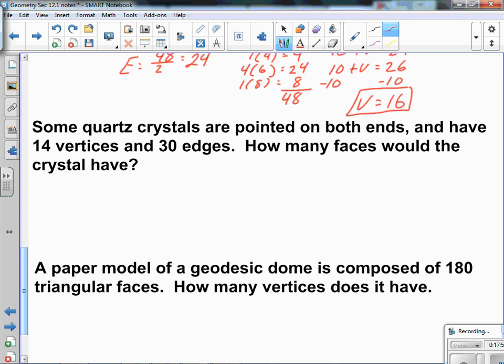All right, so the next one says some quartz crystals are pointed on both ends and have 14 vertices and 30 edges. How many faces would the crystal have? So this one's actually a little easier than the last one because it straight up gives us how many vertices and edges. So we've got the V, which is 14. E is 30. And we're trying to solve for F. So still using Euler's formula, F plus V equals E plus 2.